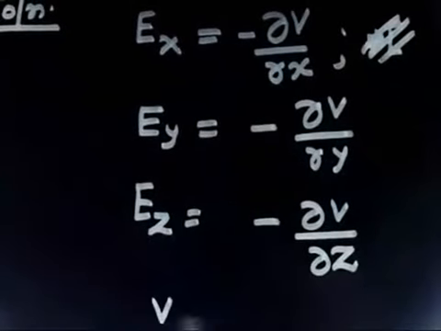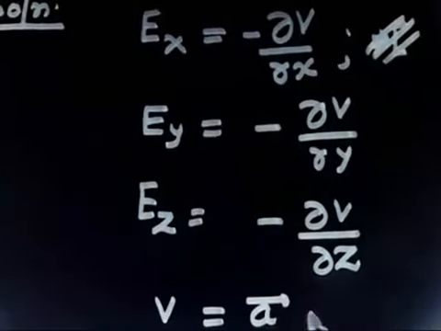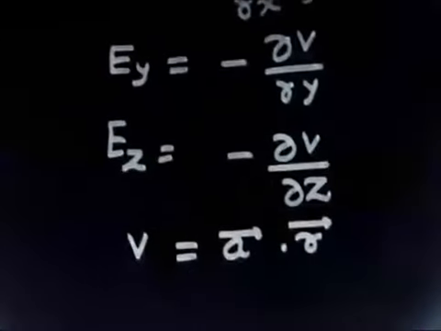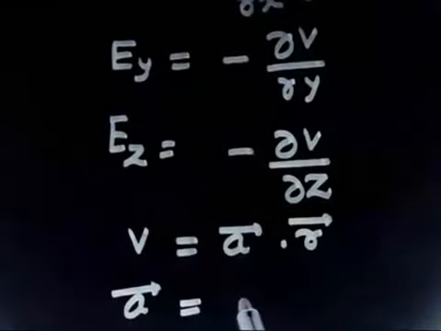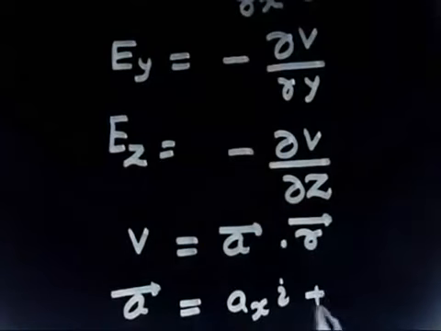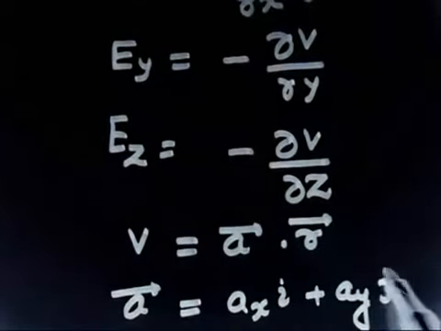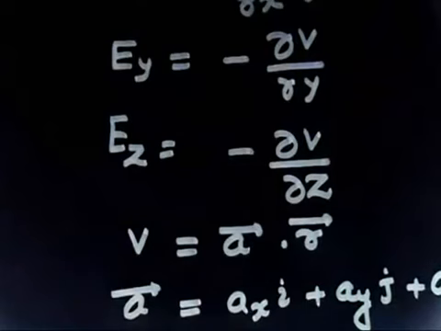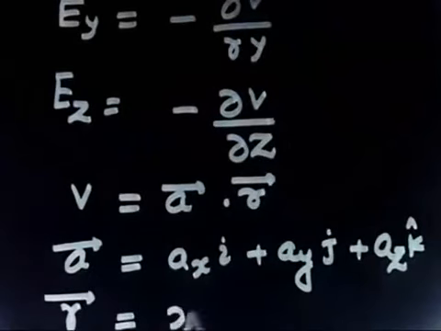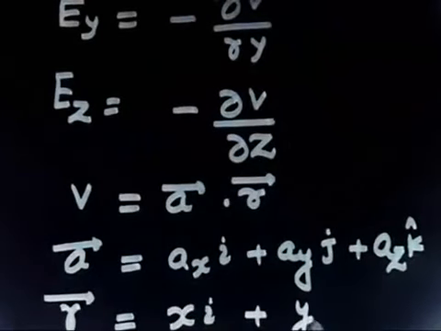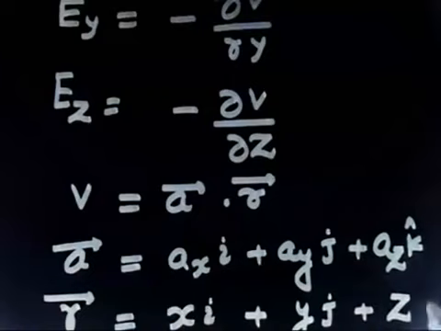Now see, potential is given as A dot R. Now you can take vector A as Ax i plus Ay j plus Az k. Are you getting? Similarly, R can be treated as x i plus y j plus z k.